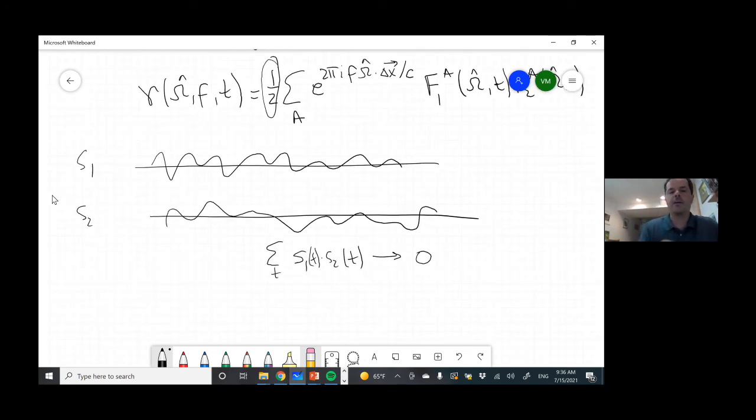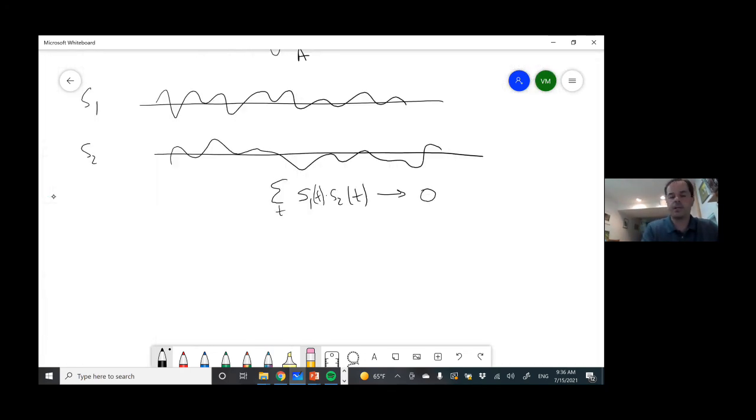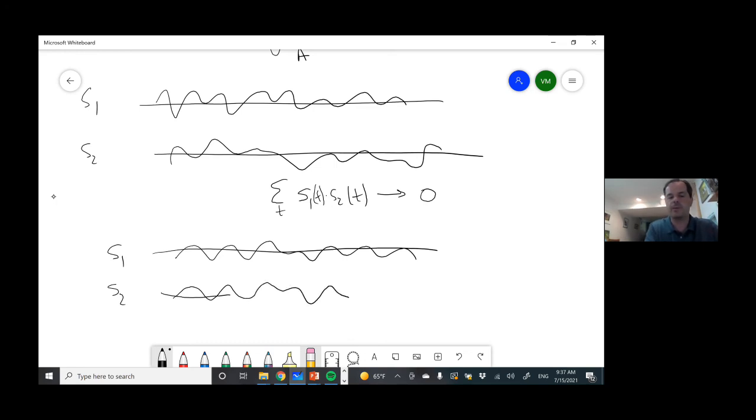However, if you have two noise time series, this is my S1, and it's going to be very hard to draw. And here's my S2, and let's suppose that they're exactly the same. Both of them are noisy. There's no particular waveform, but it's the same noise. I'm trying very hard to draw this in the same way as above.